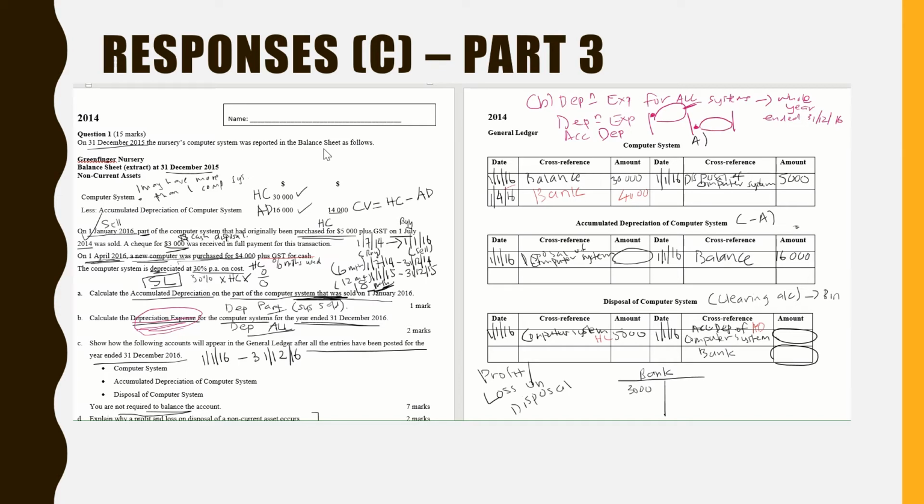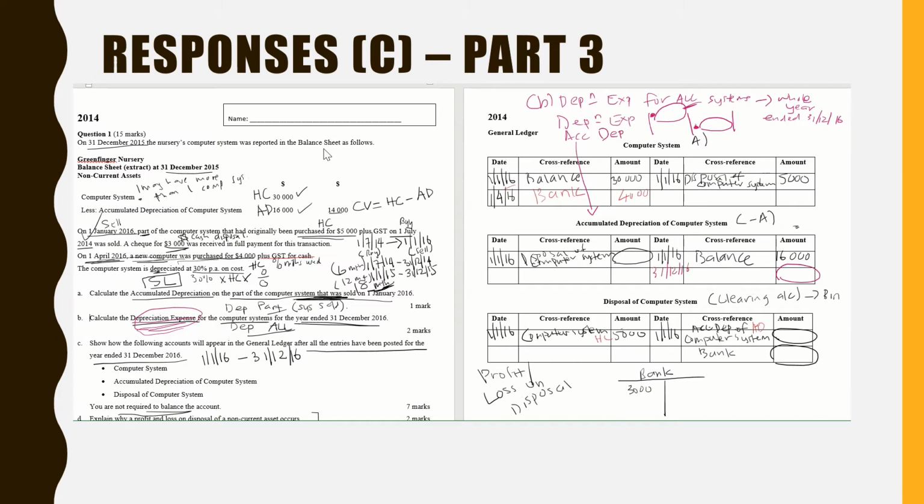As you can see, we are not given the depreciation expense account, but we are given the accumulated depreciation account. And what we can see here is that we need to credit this account for the amount that we have calculated in question B, as at the 31st of December 2016.